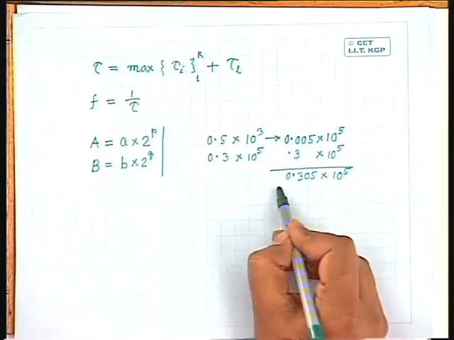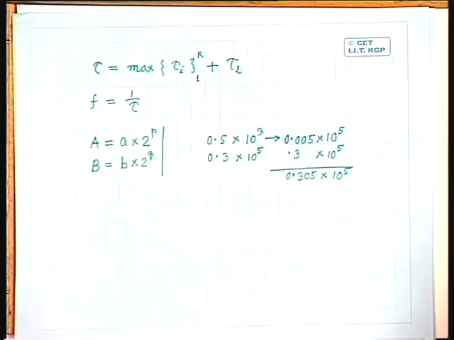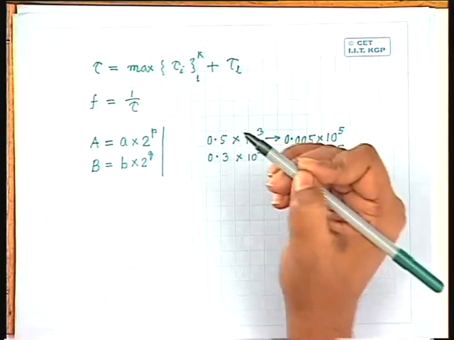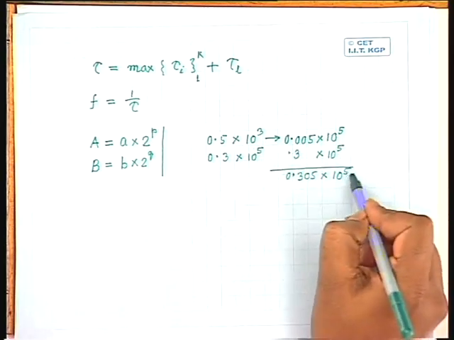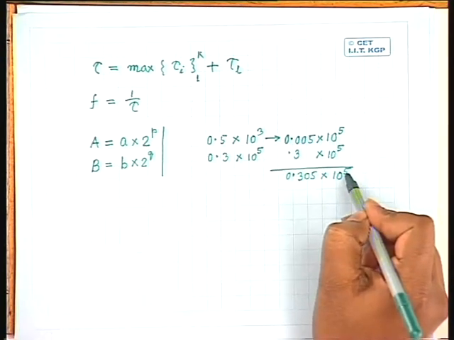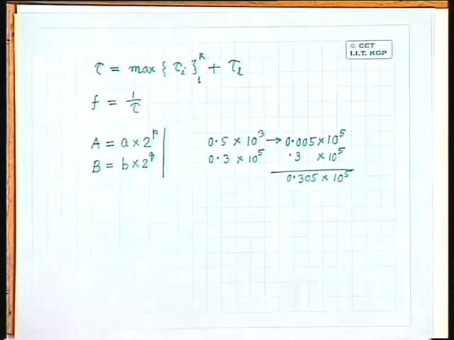Because you are giving left shift, that means you are multiplying the fraction by 10 raised to the power of the number by which you have given the left shift. So many times I have to reduce the exponent part. All these operations are to be done when we want to perform the addition or subtraction of two floating point numbers.